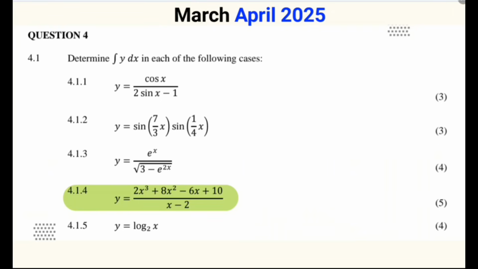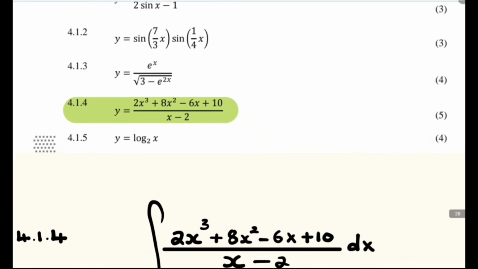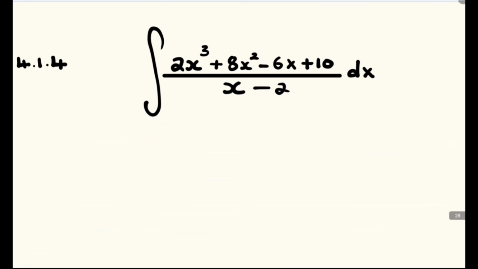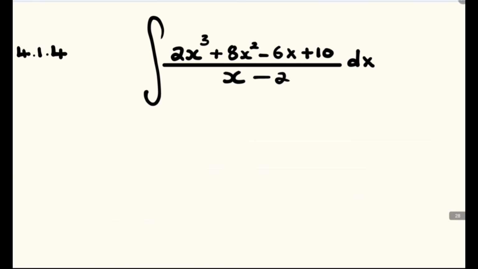Question 4.1.4, we use the long division method to evaluate the following integral, and the reason why we are using the long division method is because the highest power is 3x to the power 3, and it's in the numerator, not the denominator.